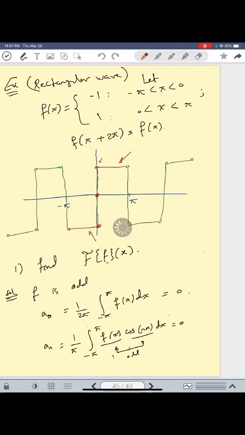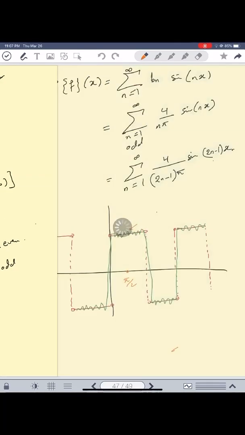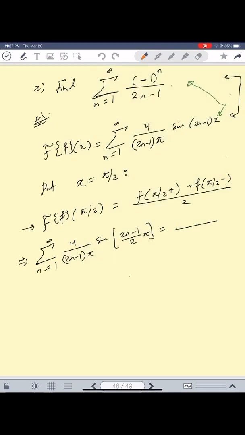And what is f of pi over 2 in this example? Because pi over 2 is between 0 and pi, it will be exactly 1. So this is just 1. Okay, so this becomes the sum from 1 to infinity.